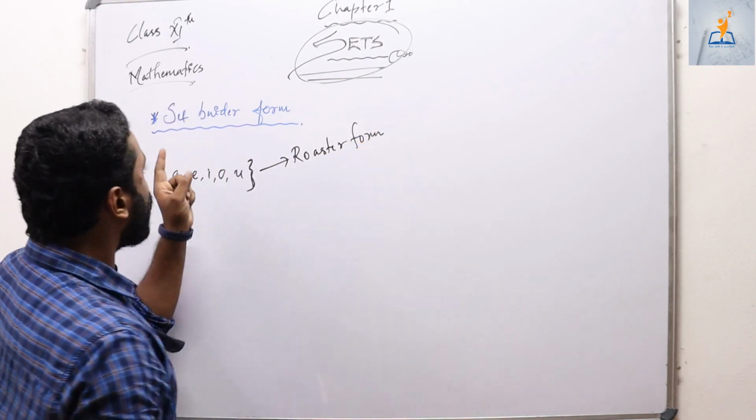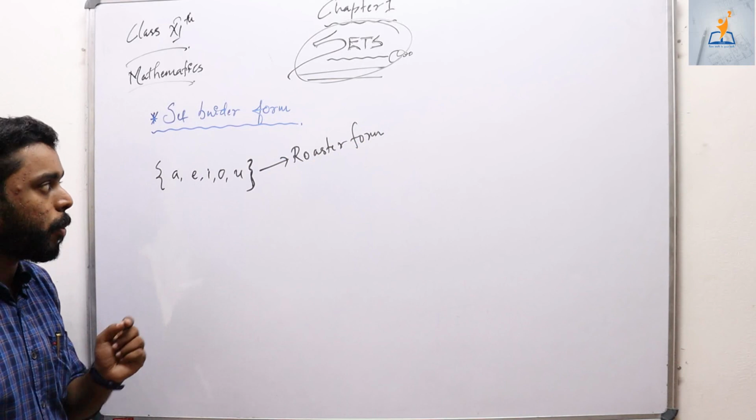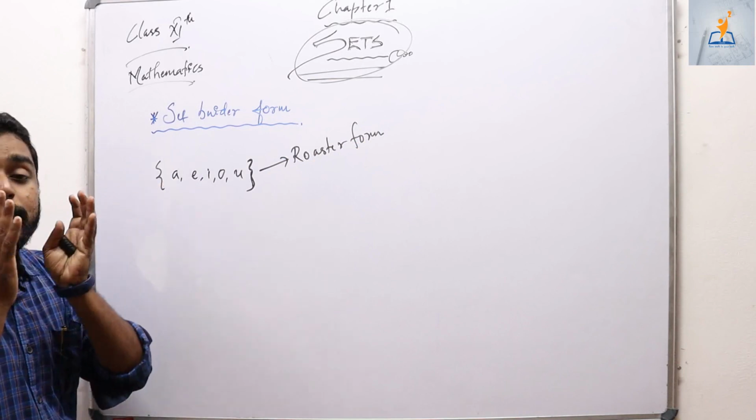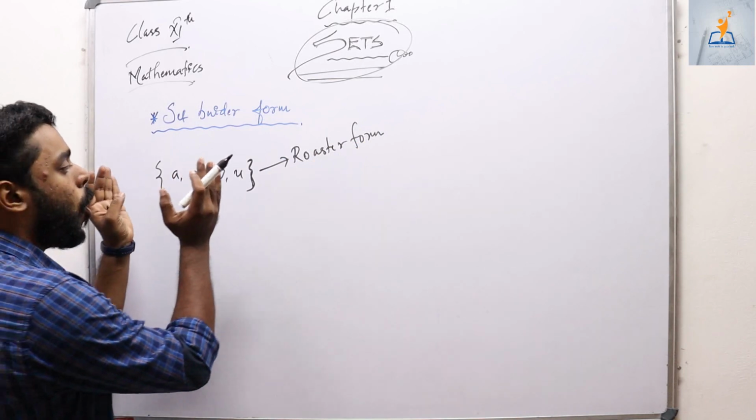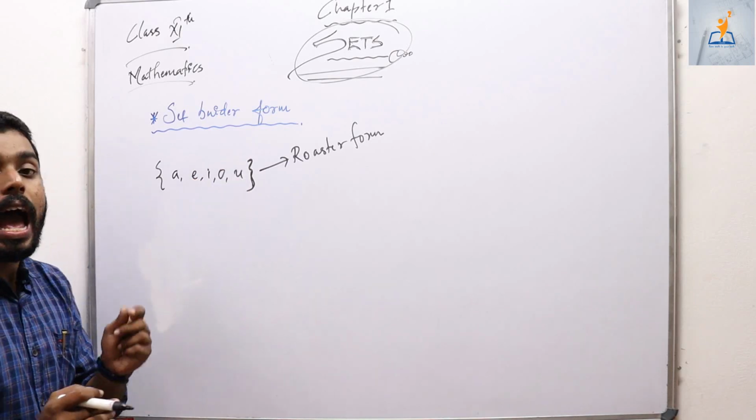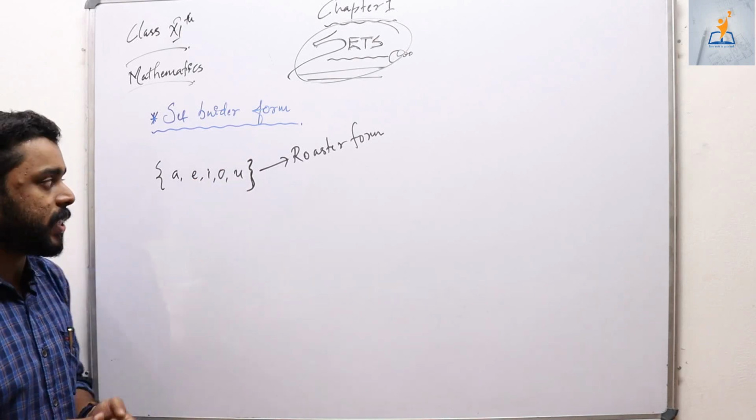Now coming to the set builder form, we are stating the single property which is owned by the elements of the set and not by any element outside the set.